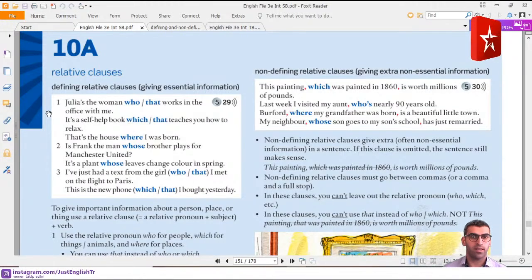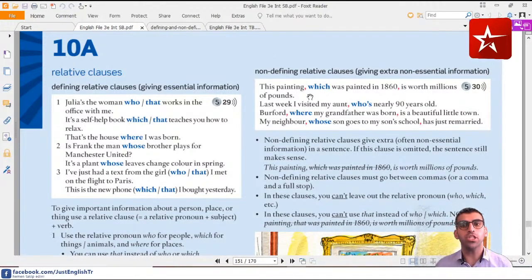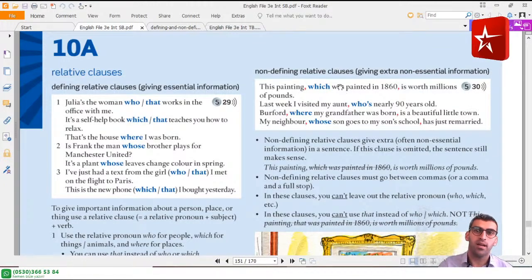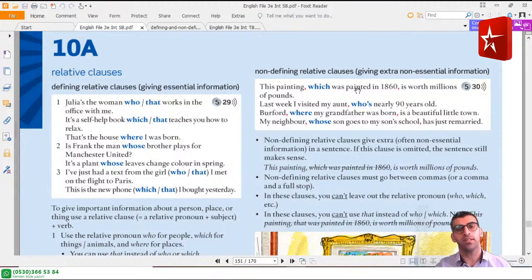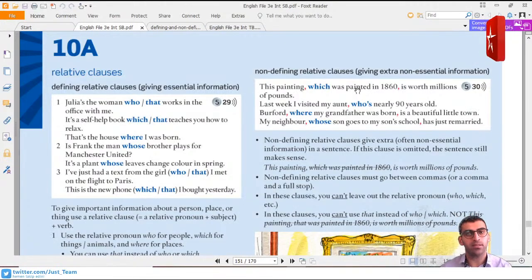So non-defining relative clauses give extra information in a sentence. If this clause is omitted, the sentence still makes sense, okay? As you see, we have a comma before which and after 1860s. So this is the non-defining relative clause. That's why we have to add commas, in order to show that this is the extra non-essential information, okay?